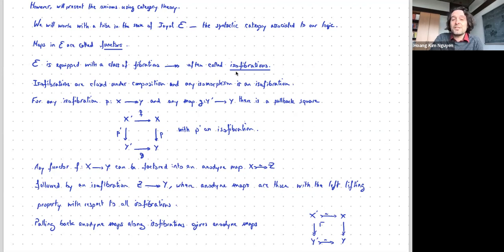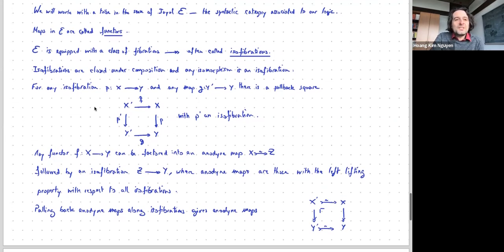So the fibrations of my tribe I will call isofibrations, just to fit with the terminology of ordinary category theory. And so these isofibrations can be composed, and any isomorphism should be an isofibration. And also we can pull them back. So the pullback of an isofibration always exists, and this pullback will be an isofibration as well.